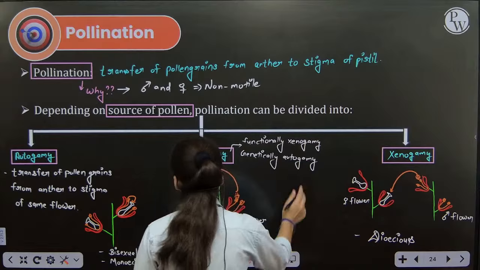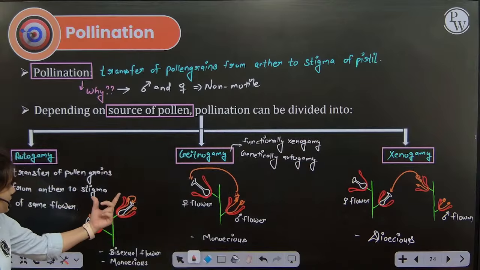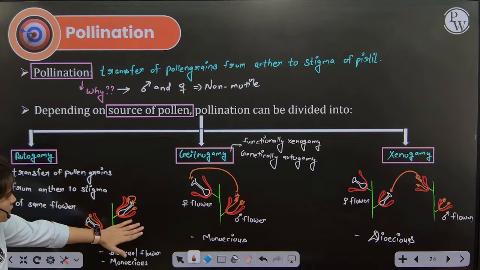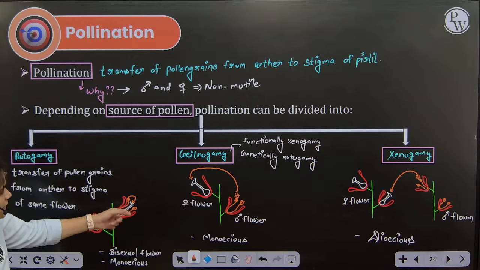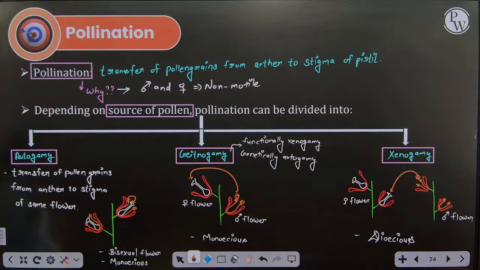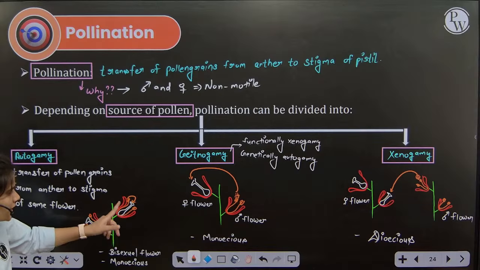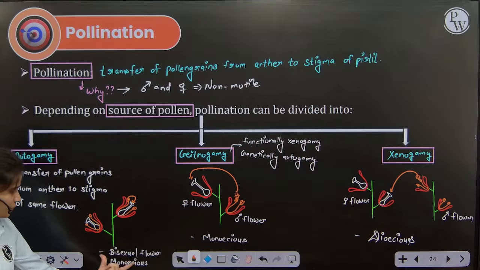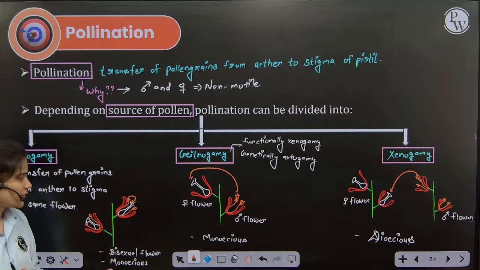Suppose this is a plant. Is this bisexual? It has a bisexual flower, with male part and female part present on the same flower. It is monoecious. What is monoecious? When both male and female parts are present on the same plant. Monoecious and dioecious are terms used for the plant.